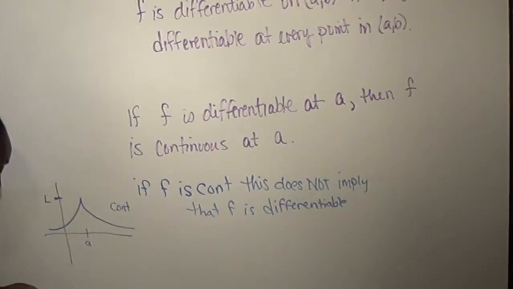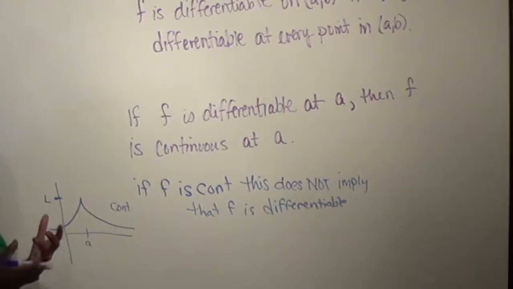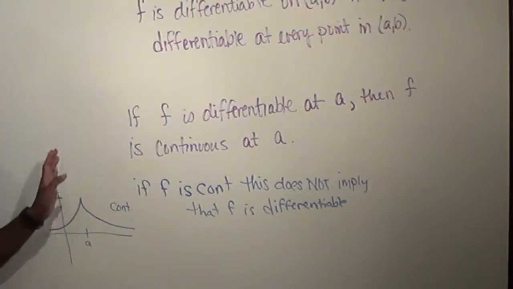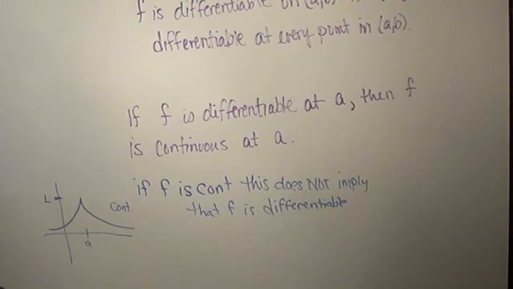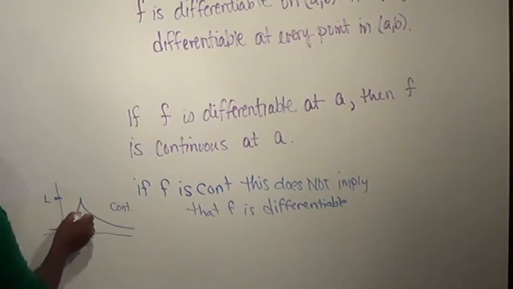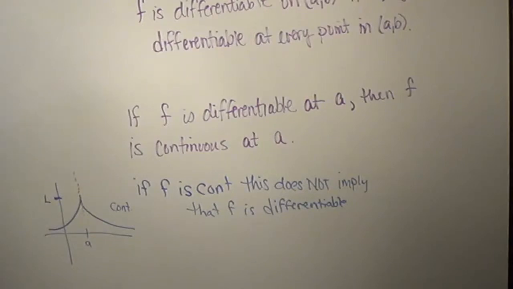But the reason it's not differentiable is because if I look at the derivative of that, remember the derivative is synonymous with slope. So if I'm looking at the slope at that point, the slope of the curve there is basically a vertical line.